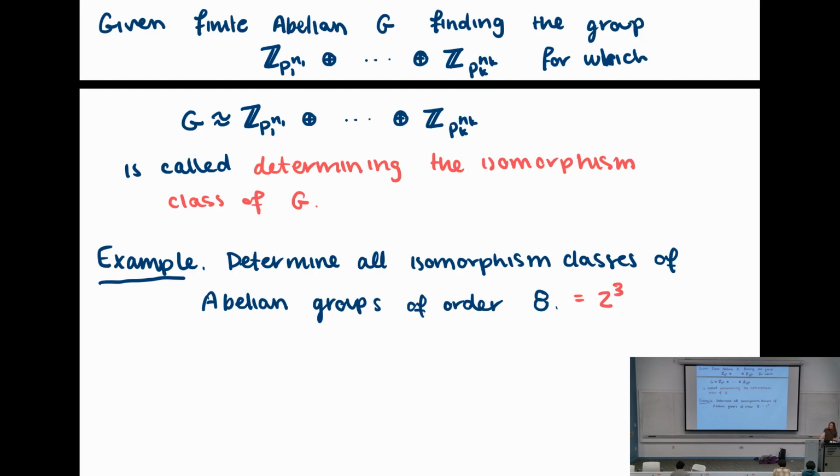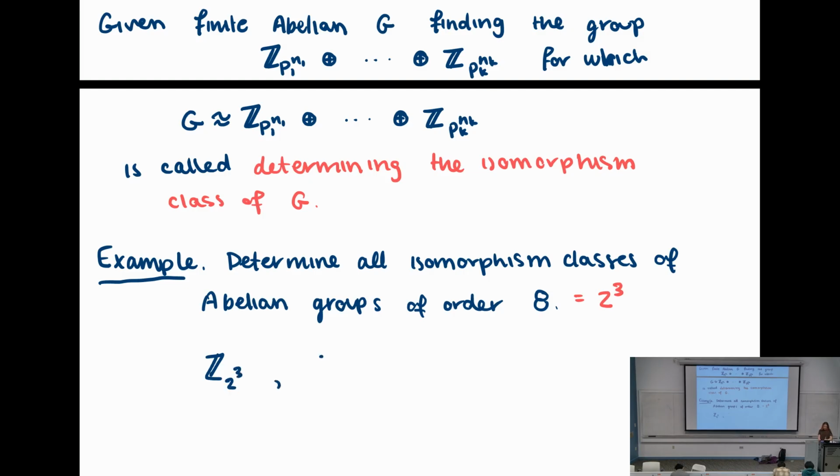So basically we need to figure out all of the ways to possibly break up 2 cubed into some number of cyclic groups. So for example, we could just leave this as one cyclic group, Z_{2^3}.